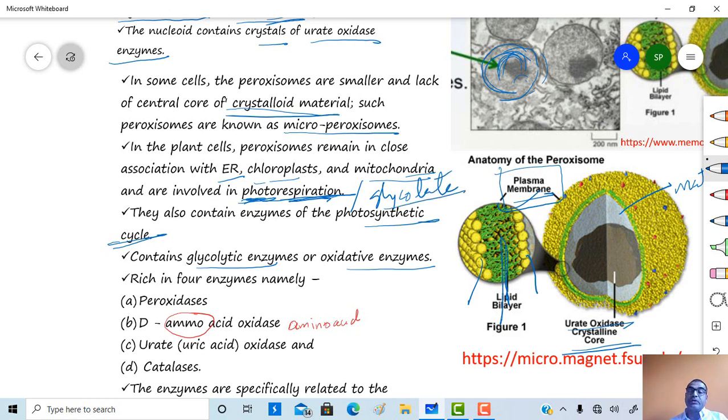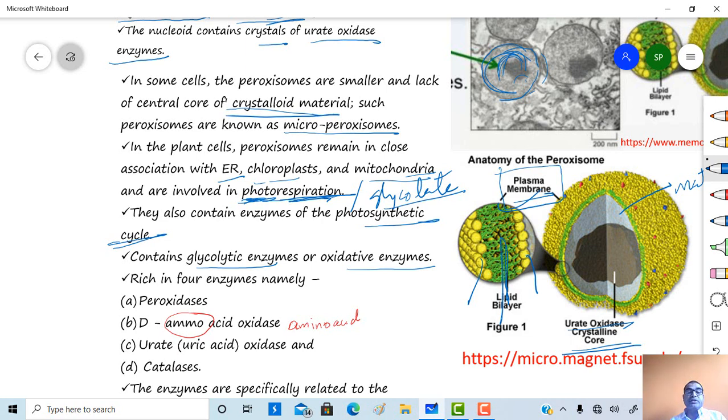Within photorespiration or glycolate metabolism, hydrogen peroxide is produced during the oxidation, and this hydrogen peroxide is harmful, and therefore it is broken down into water and oxygen molecule by means of this peroxisome.